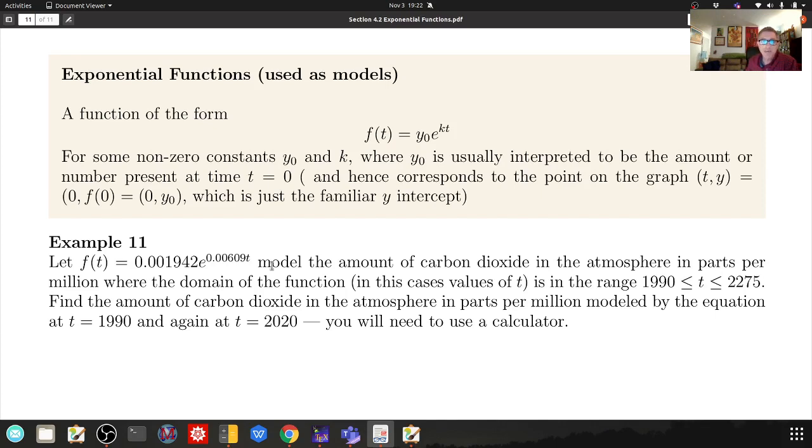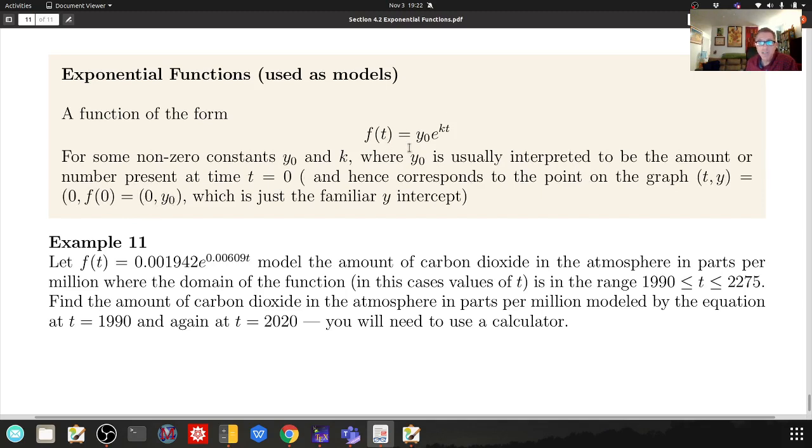So here we have the general form of an exponential model as a function. Again, the independent variable is t, which is time, usually in years. Y naught is usually interpreted to be the amount or number present at the very beginning, at t equal to 0, and hence corresponds to the point (0, f of 0) on the graph.